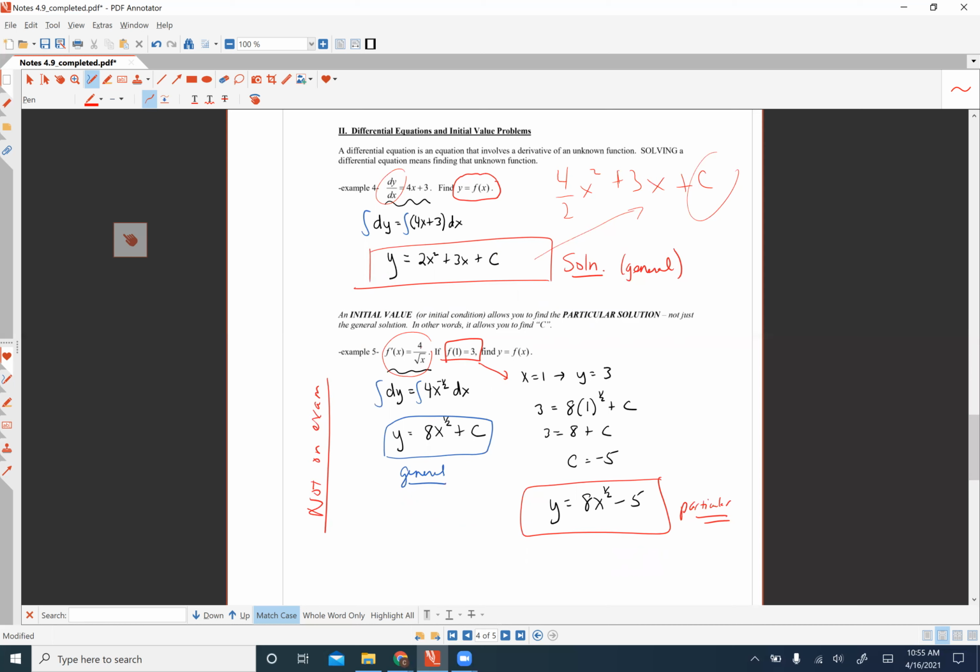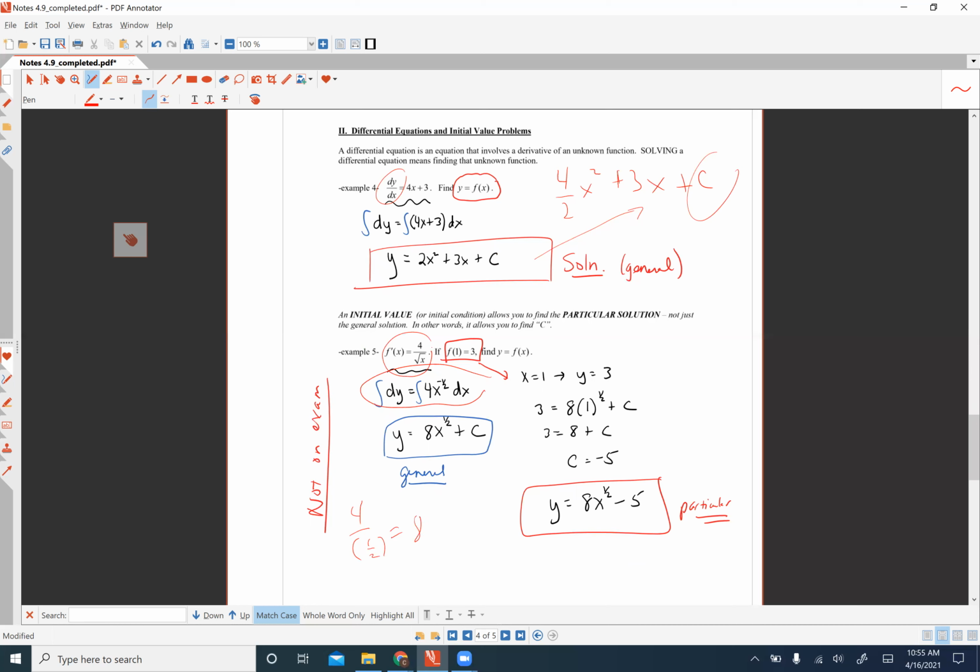Again, it's not too bad: y prime, or f prime of x, is 4 over the square root of x. You can rewrite that square root as x to the negative 1/2. You add 1 to negative 1/2 and you get 1/2, and you divide, so you divide 4 by 1/2 and you get 8. So that's where that 8 comes from.